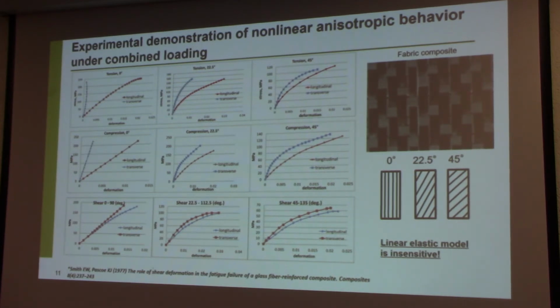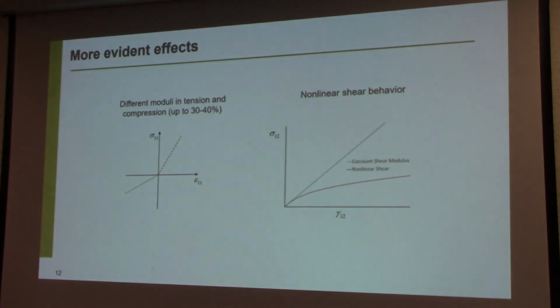These diagrams are strongly nonlinear, and of course the linear elastic model is not sensitive to this. But the more evident effects are a difference in tension and compression, and as mentioned before, nonlinear shear behavior.